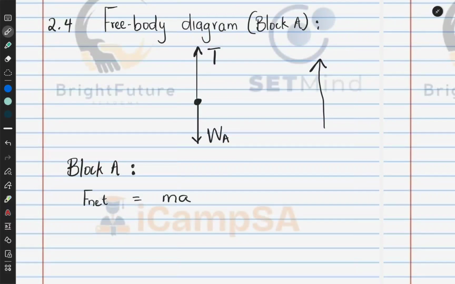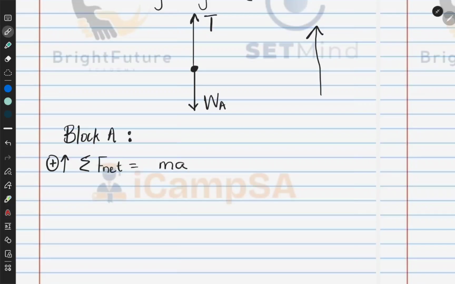If I choose upwards as positive, I have to indicate it here. Upwards is positive. Ooh, I forgot something crucial here: my summation sign. Yes, the sum of Fnet is equal to ma. Right, so now let me sum my forces.